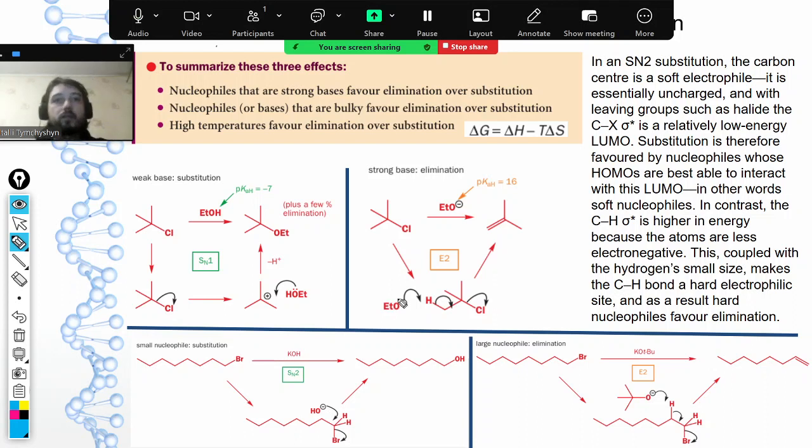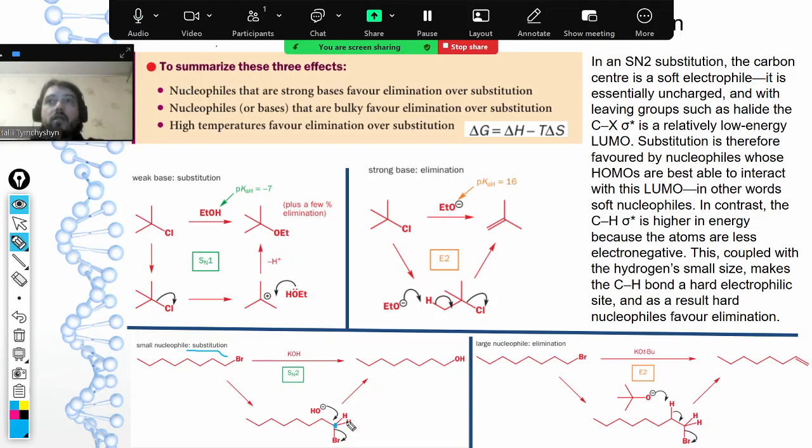What else may influence? The size. If we have a small nucleophile, that will favor the substitution. Why? Because it can get to the positively charged carbon atom and attach to it, placing its electrons on the LUMO of this carbocation. In an SN2 substitution, the carbon center is a soft electrophile. It is essentially uncharged, and with leaving groups such as halide, the sigma star C-X orbital is a relatively low energy LUMO.